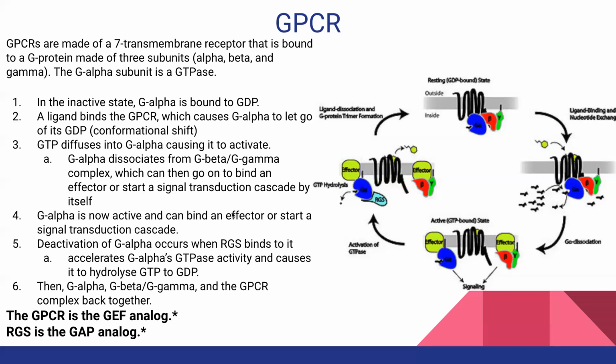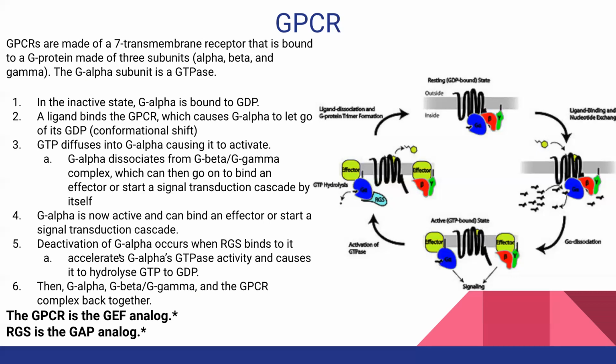And that will cause the activation of G alpha. And when G alpha is activated, it dissociates from the G beta and G gamma subunits complex. It's important to know that the G beta and gamma subunits complex are always together, always bound, they don't dissociate from each other like the alpha subunit does.